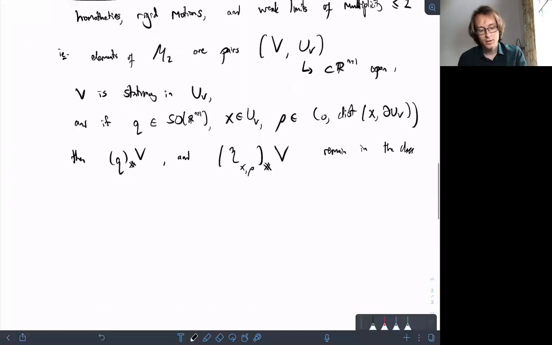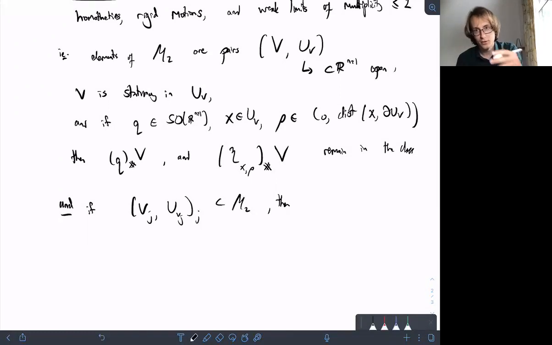Then the weak limit part means that if we ever have a sequence V_j that lies in M2, such that there's an open set which is contained in all the U_{V_j} for all j sufficiently large, and we have locally finite mass, then there's a subsequence that converges to a limit in M2, and moreover the multiplicity on the regular part is always less than or equal to 2.